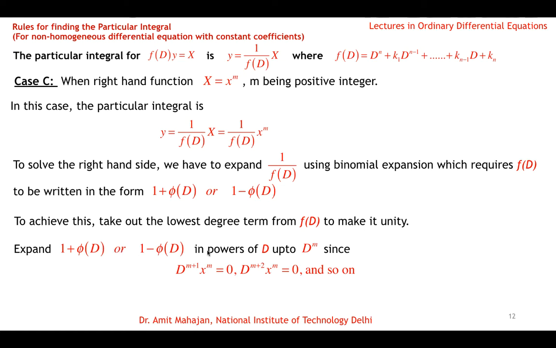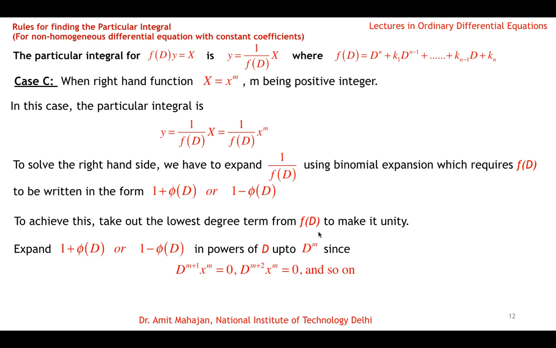When we apply binomial, we have to expand this. It will be an infinite series, but we have to expand it only up to D power m, because D power m means the mth derivative of this, which will be a constant number, and all other higher derivatives will be exactly 0. If it is x square, the third derivative will be 0, the fourth derivative will be 0, and so on. If it is x power 10, then the 11th derivative of x power 10, the 12th derivative, and so on, are all 0.